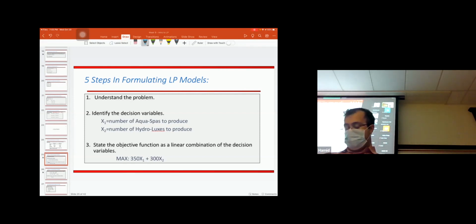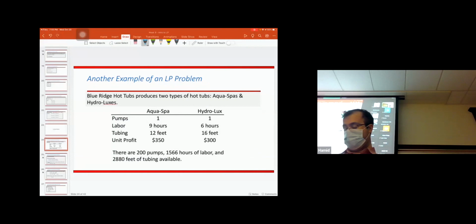Okay, let me go back to the problem again. So my cap for hours of labor is 1566. What if my first decision variable, which is about Aqua-Spas, I decide 10 of them? It takes 9 hours.